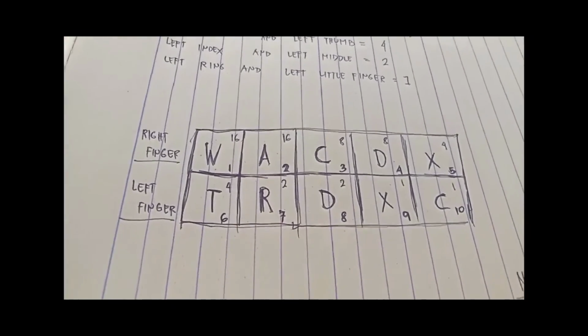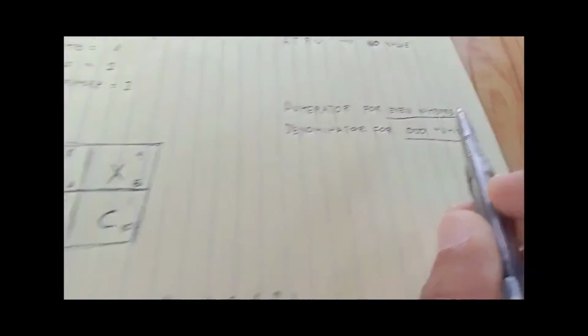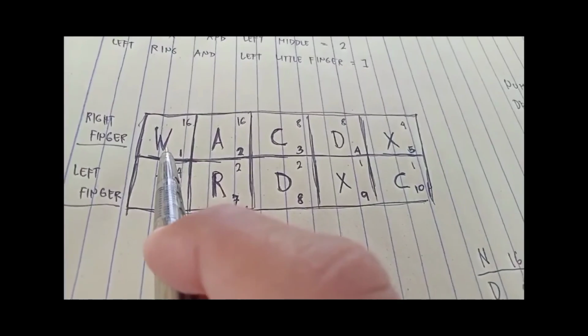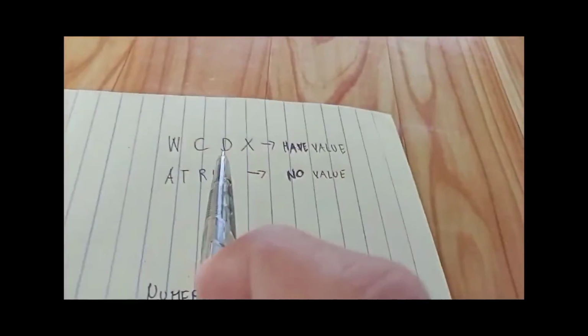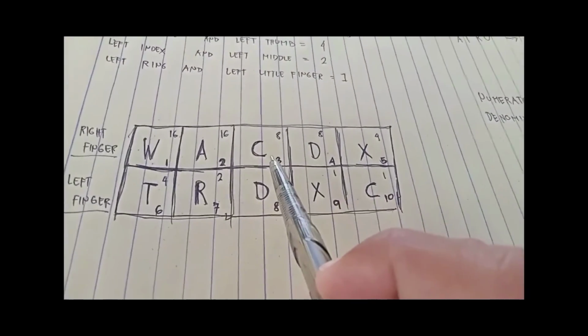So we will start from the numerator for even numbers. So in number 1, a plain whirl. A plain whirl has value, and it has a value of 16. So I put 16 here. And next is the central pocket loop.